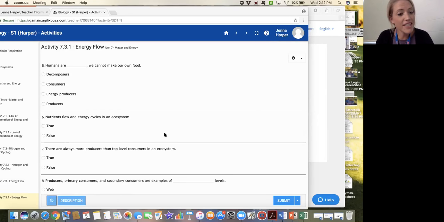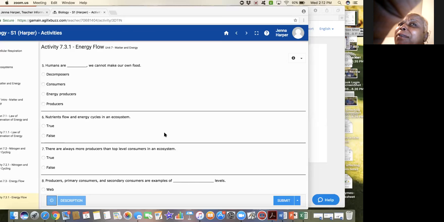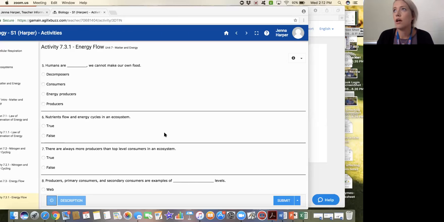Number 6, nutrients flow and energy cycles in an ecosystem. True or false? True. So nutrients do flow. In the food chain I made on that energy pyramid, we started with grass and then rabbits and then falcons and then a wolf.